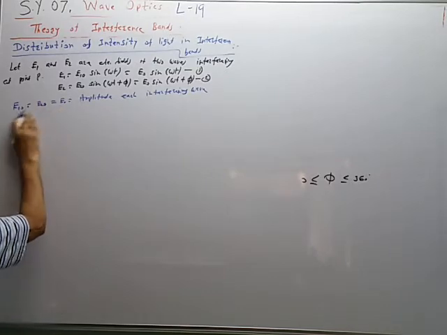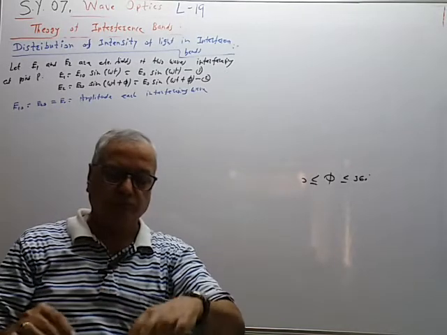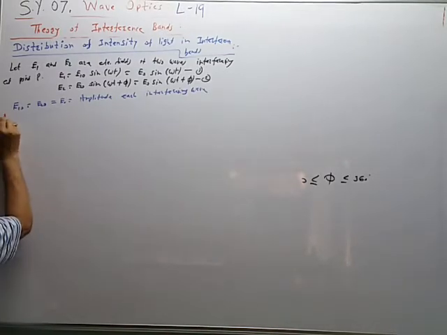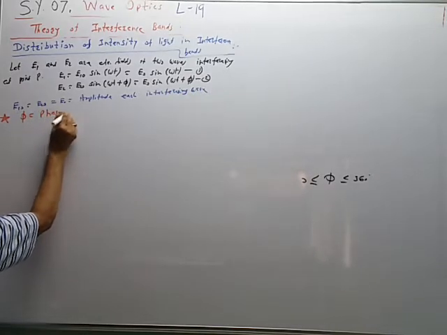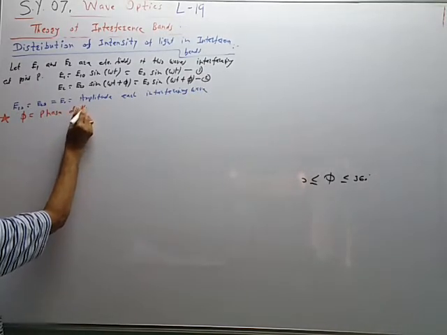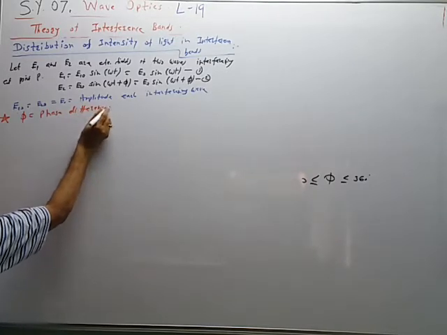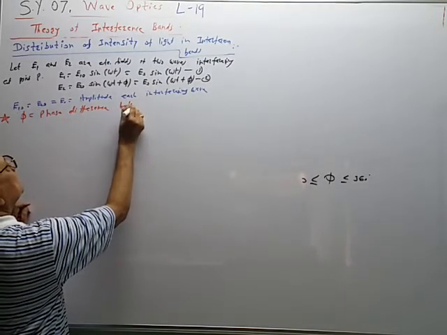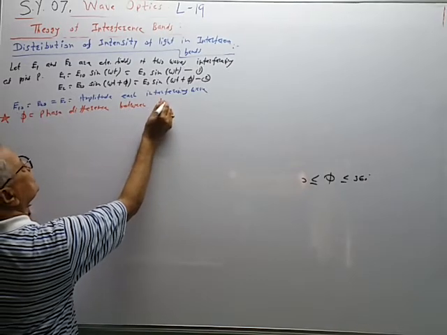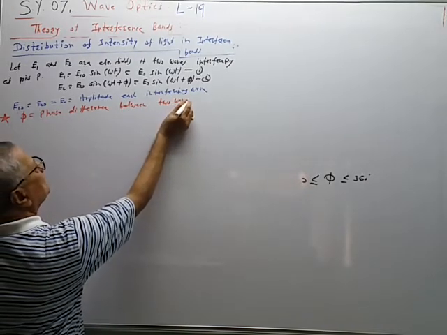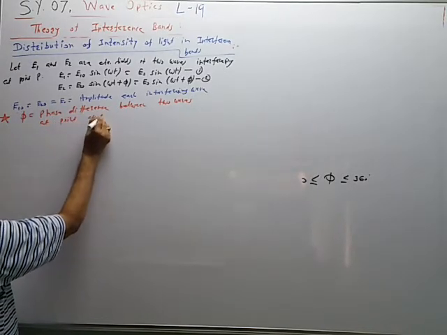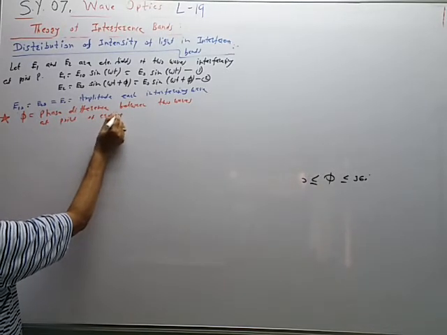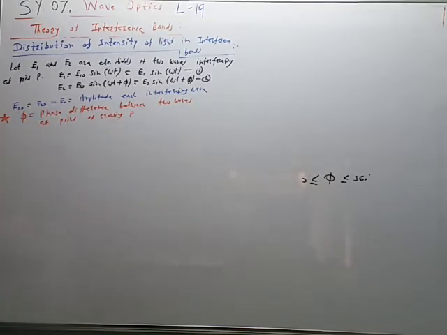Phi is the phase difference between the two waves at the point of crossing P, like this. So the two waves have equal amplitude.